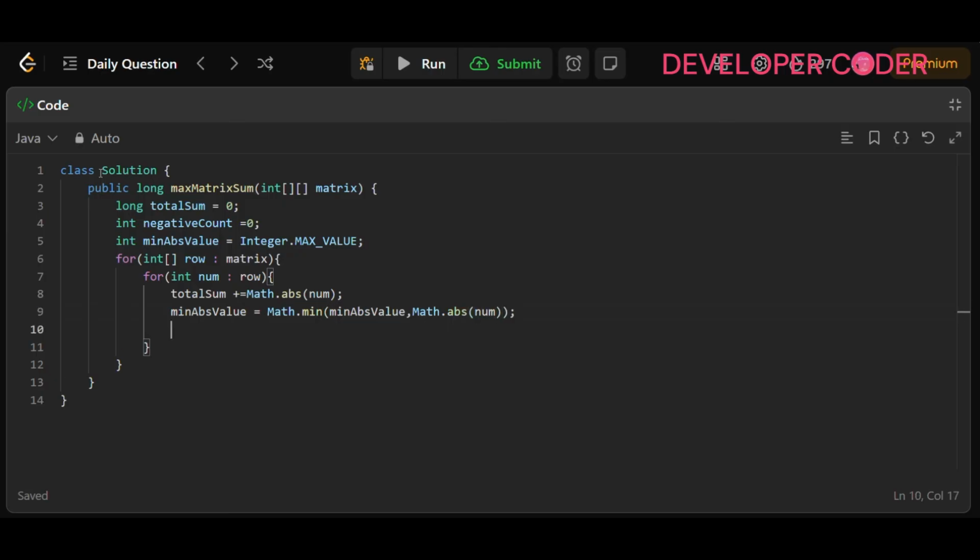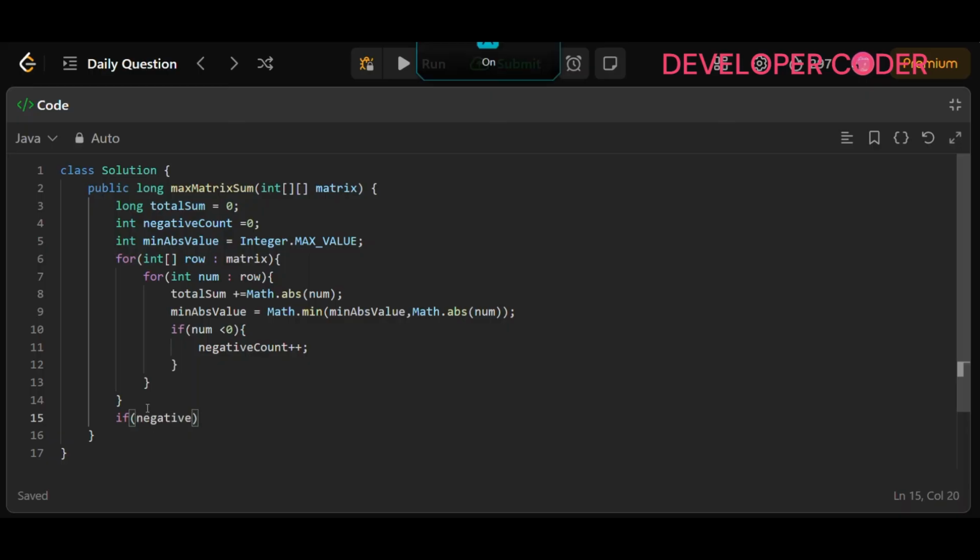All right, done. Now we have to keep track of the negative numbers as well. If my num is less than 0, in that case I am simply going to increment the count of negative numbers, negative count plus plus. This is done, so my for loop ends. Now a simple return statement, that's it. There is nothing in this code.